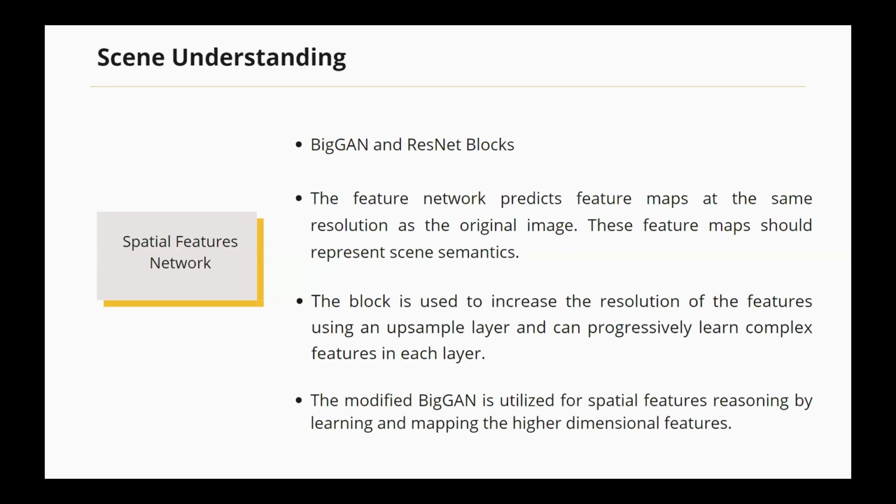Firstly, the spatial feature network predicts the feature maps at the same resolution as the original image, so that it can extract the scene semantics as a higher level representation. The network analyzes objects in context with respect to the 3D structure of the scene, its layout, the spatial and semantic relationship between objects, and high level semantic modeling happens in this network.